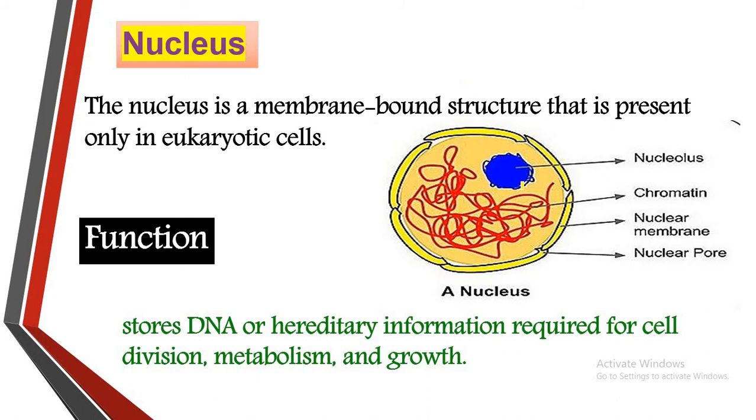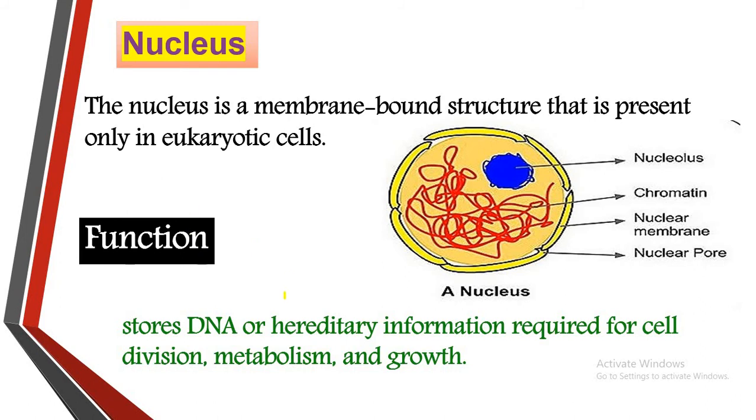The nucleus consists of the nuclear membrane. This membrane is perforated and contains nuclear pores. It has chromatin, which carries the genetic material of the cell, and a nucleolus. What is the main function of the nucleus?